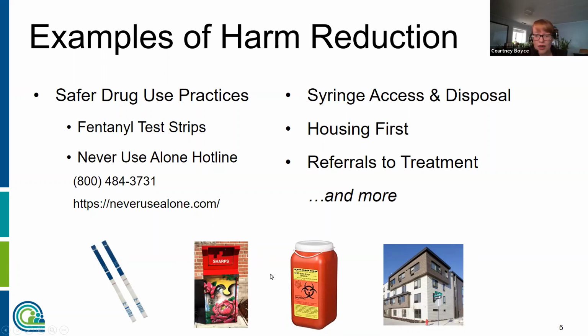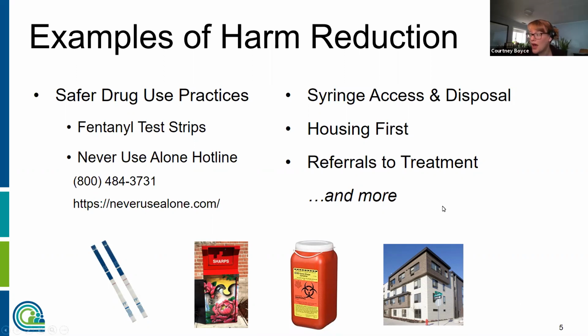Another example of harm reduction is Housing First. Housing First is the way of recognizing that when individuals have safe and stable housing, they are more likely to be able to receive the coordinated care and support that they need to address chronic mental health issues, substance use disorders, and poverty and other social determinants of health.